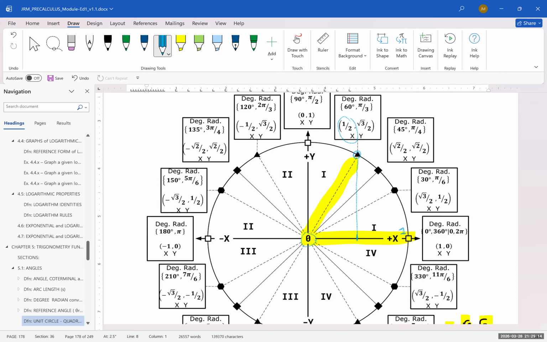Well, halfway between 0 and 1, isn't that 1/2? So that's where the coordinate 1/2 is. If you go from this point and you drop down, it hits the x-axis at positive 1/2. And if you take this point and you go over, it crosses the y-axis at square root of 3 over 2.